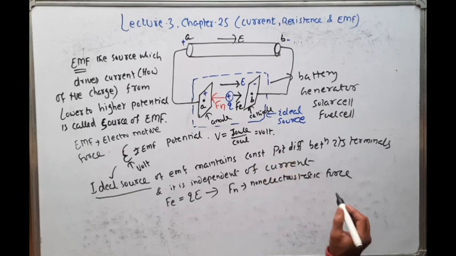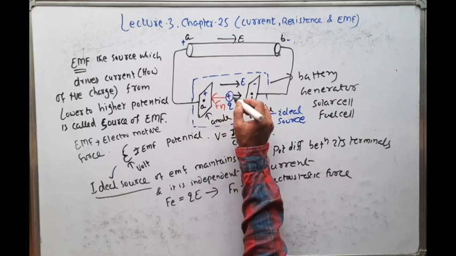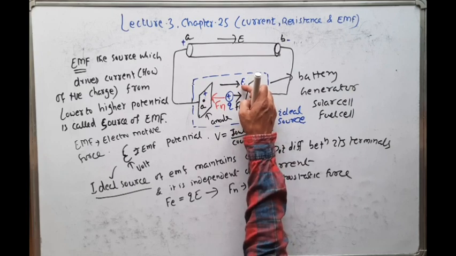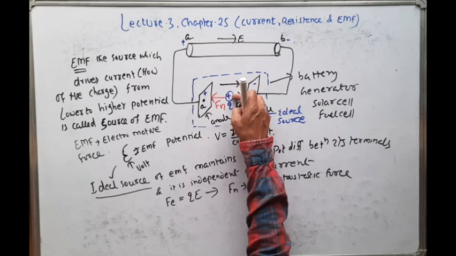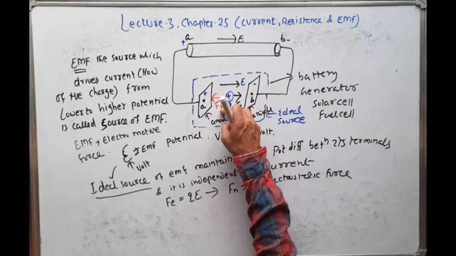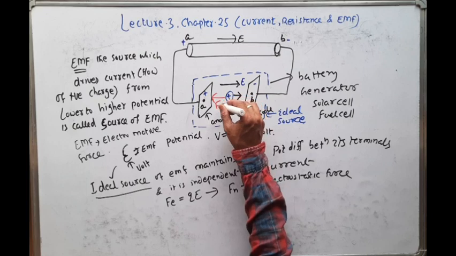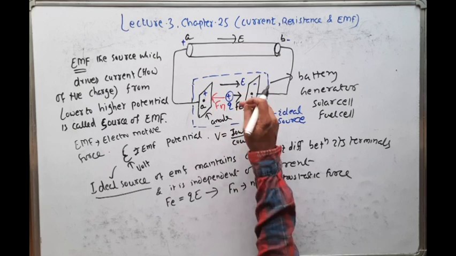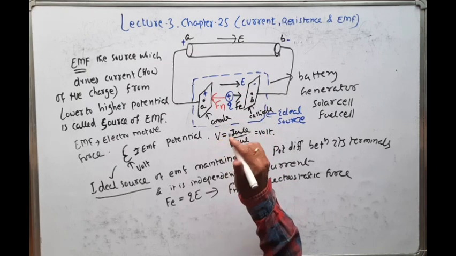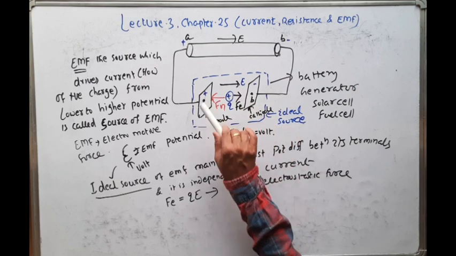Due to this non-electrostatic force provided by the source, this charge will move against the direction of the electric field. That means the force due to electric field is towards right, but this Fn, which is called non-electrostatic force, produced by the source, will move this charge against the direction of the force due to electric field. So this Fn will try to take this charge from B end to A end.